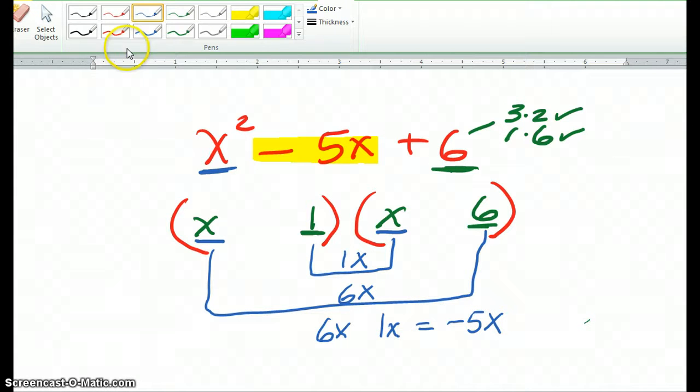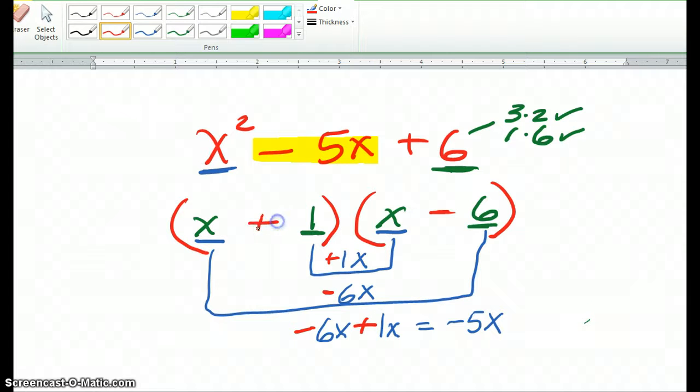Yes, it is. So let's look at it. If we make the 6 negative and the 1 positive, then we're going to get negative 5x, right? So it's negative 6x plus 1x gives us negative 5x. So that means this 6 would be negative and this 1 would be positive.